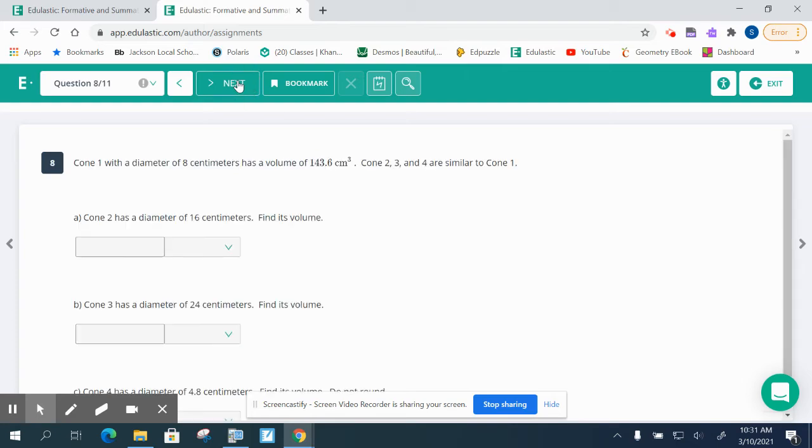Okay, for this one, remember that if the scale factor is 2, you would take 2 and cube it to get 8. So multiply the volume by 8.